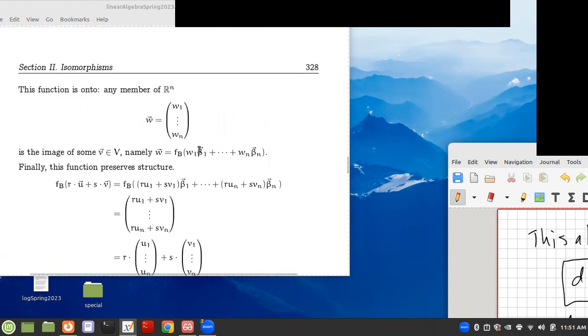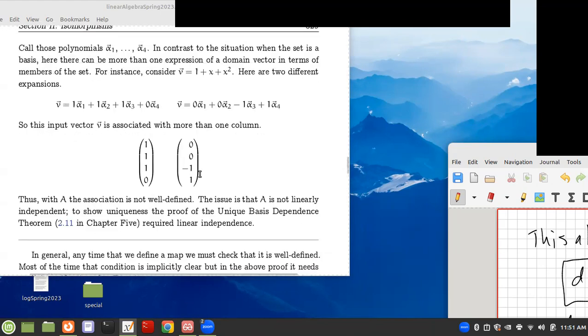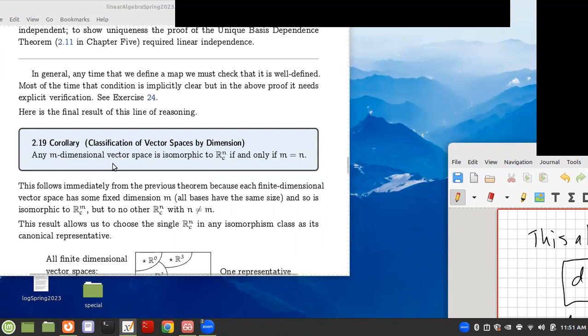In particular, any m-dimensional vector space is isomorphic to R to the n if and only if m equals n. So I can take any vector space of dimension, say, 10, and it's going to be isomorphic to R to the 10.